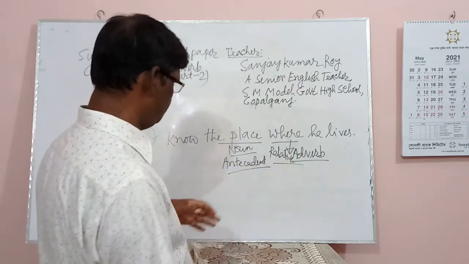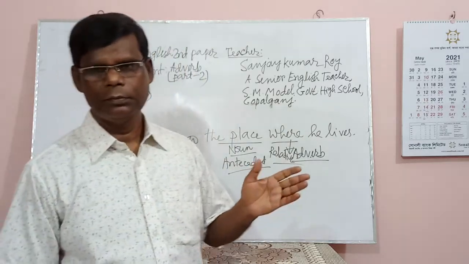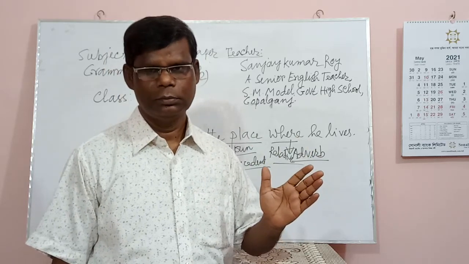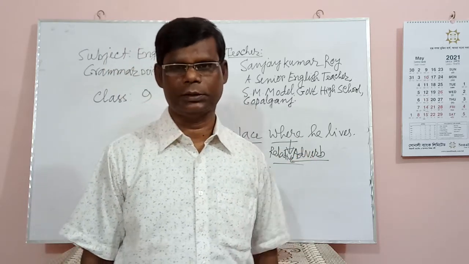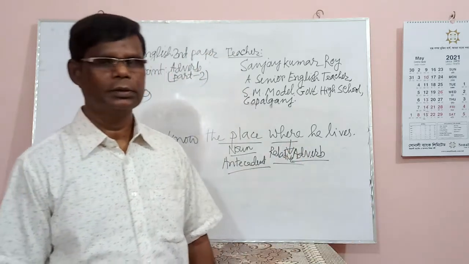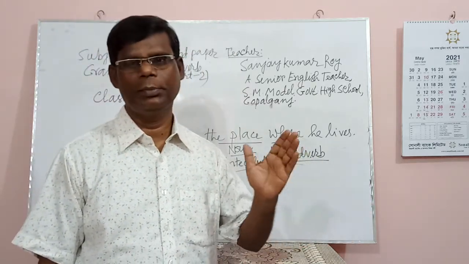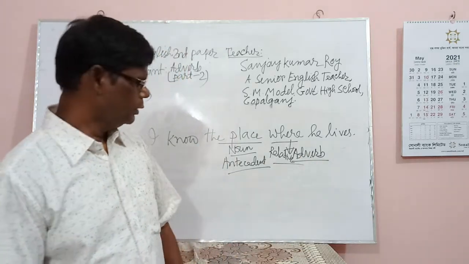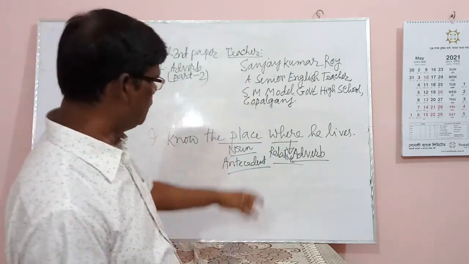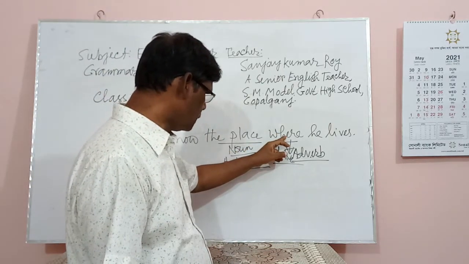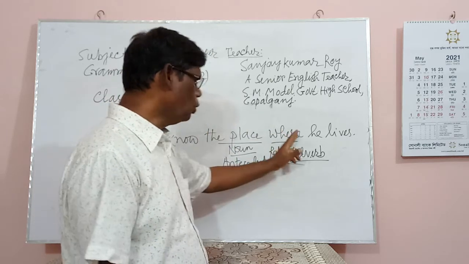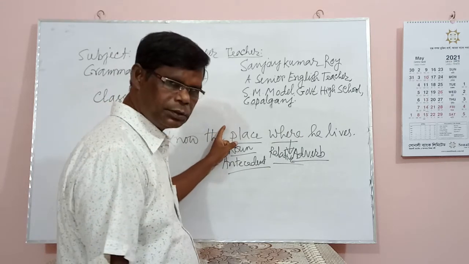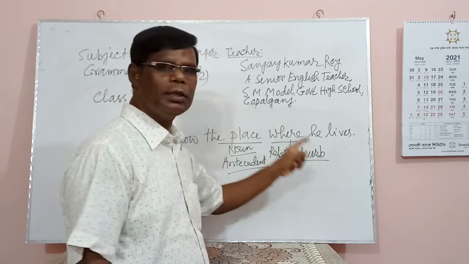Thus the adverb which, like the relative pronoun, joins two clauses with the mention of an antecedent is called relative adverb. Here "where" joins two clauses with the mention of antecedent, the place, so this is called relative adverb.